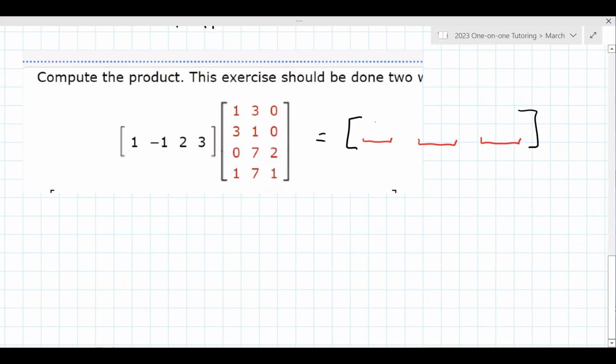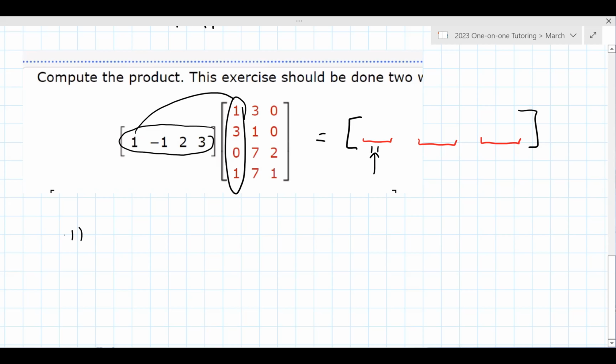To get this first one here, you take the row and the column, and you're like, well, how do I know which row? How do I know which column? It comes from the answer. So this one right here is row 1, column 1. So you use row 1 of the first one, column 1 of the second one, and you pair these together.